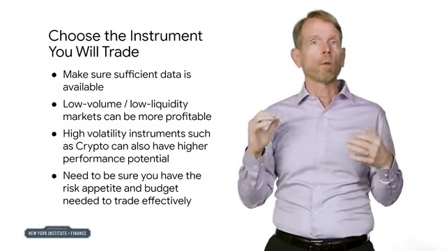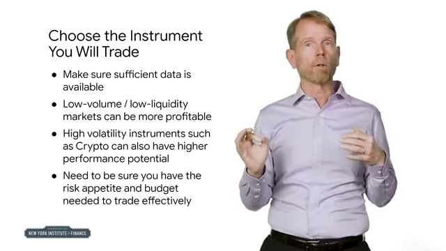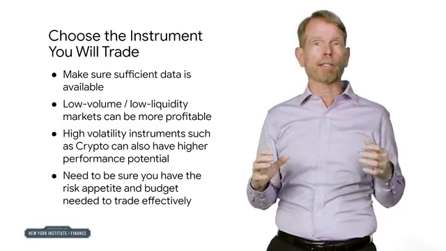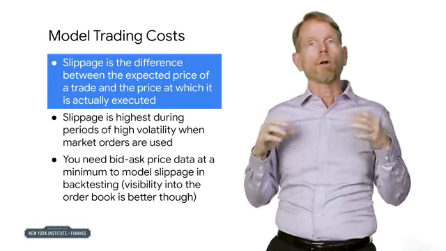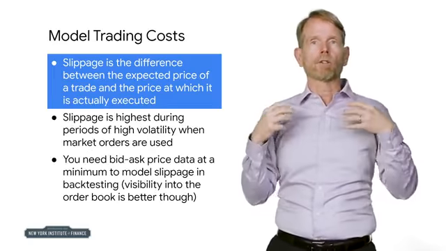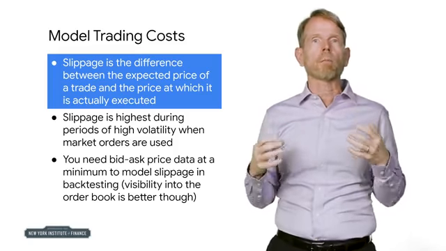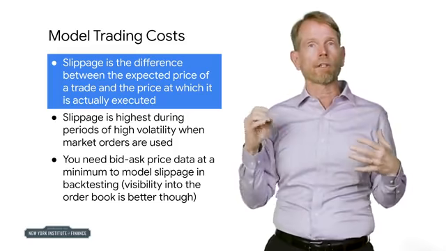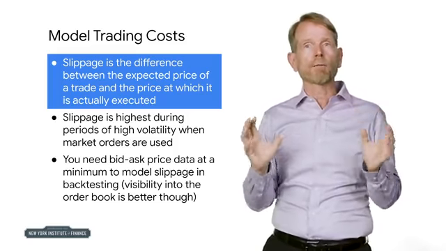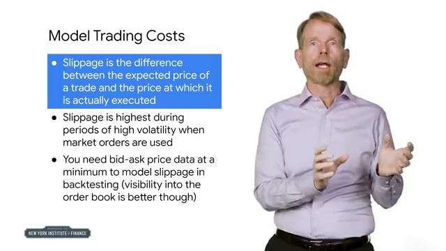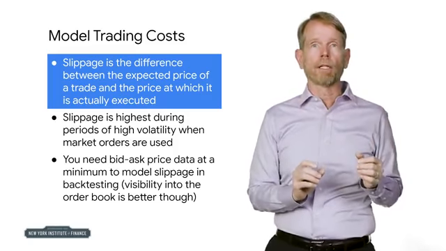Low volume, low liquidity markets can be more profitable, but you need to have the risk capacity and appetite to trade them. You also need to understand the effect your trades have on the market you are trading. This is where you need to model market impact costs, such as slippage, which is the difference between the expected price of a trade and the actual price at which the trade is executed.